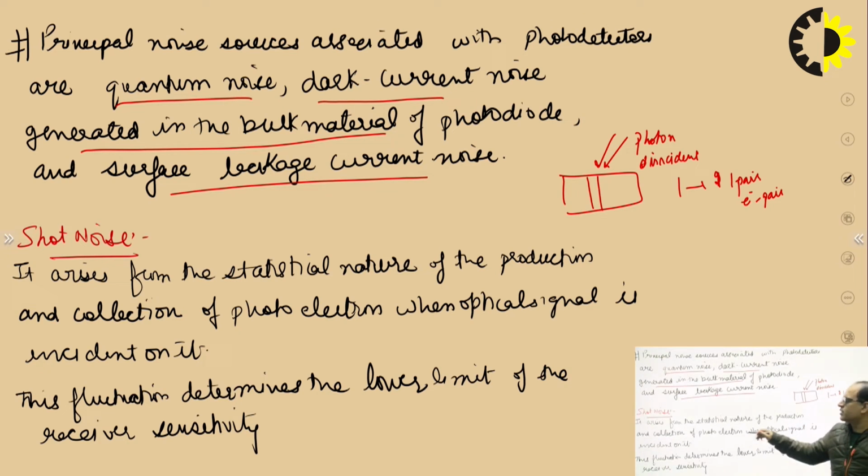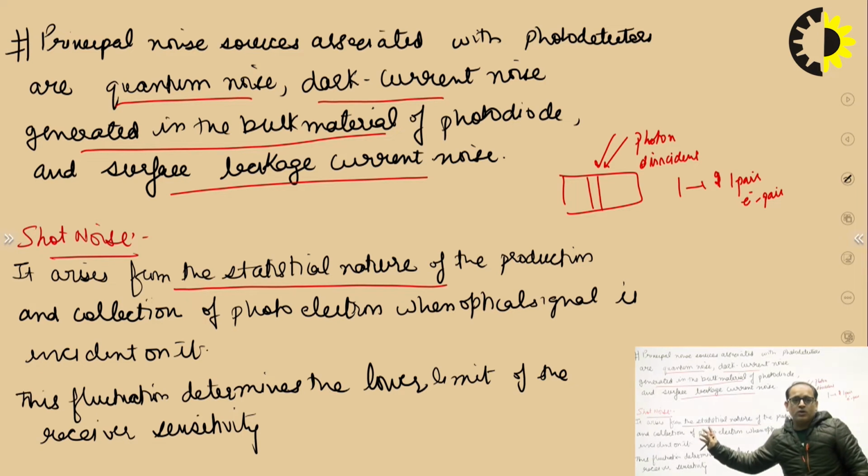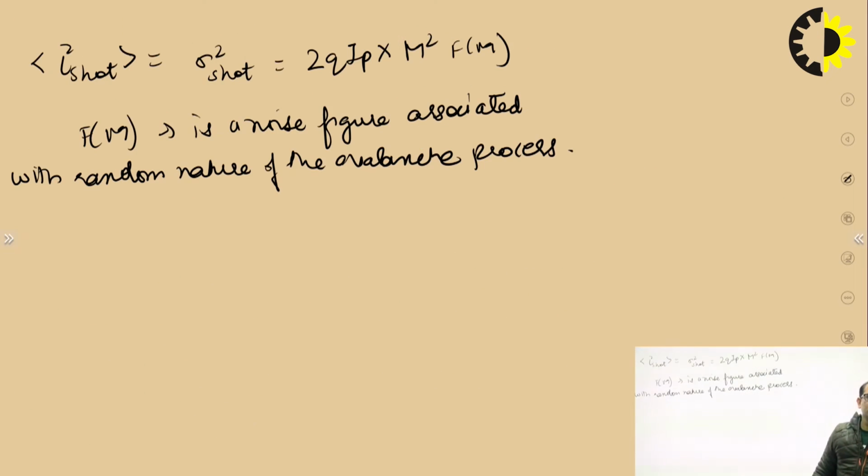So it arises from the statistical nature of the production and the collection of photoelectrons when an optical signal is incident on it. This fluctuation determines the lower limit of the receiver sensitivity. This fluctuation means one may create one electron hole pair, one may create 2 electron hole pairs, one may not create any electron hole pair. So this fluctuation determines the lower limit of the receiver sensitivity.